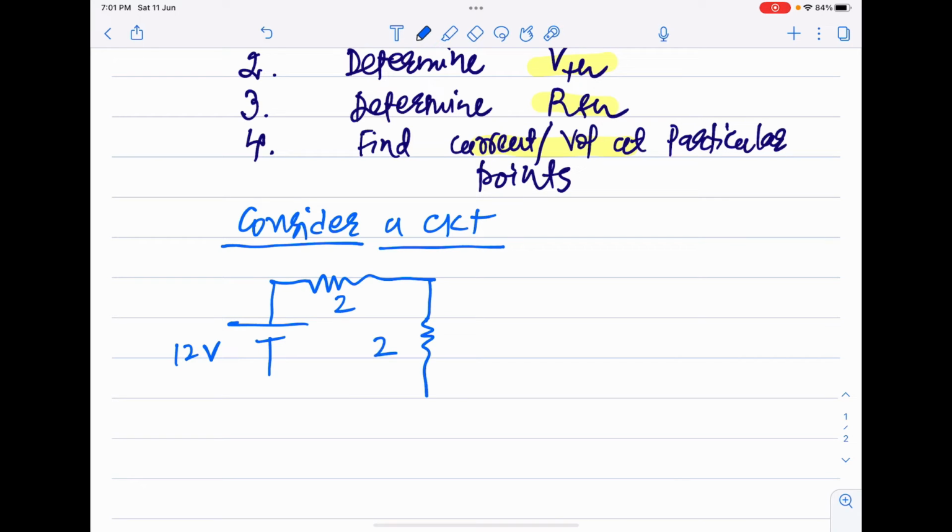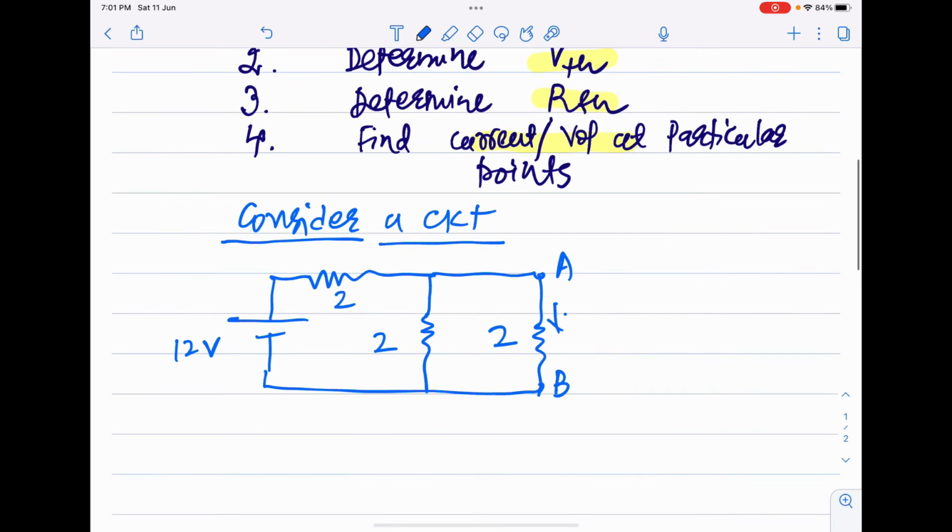This is another 2 ohm resistance, and suppose here I will connect a 2 ohm resistance, and suppose these are my points A and B, and now I want to determine the value of current I flowing through this 2 ohm resistance connected between the points A and B. So I have to apply the Thevenin theorem at these points A and B.